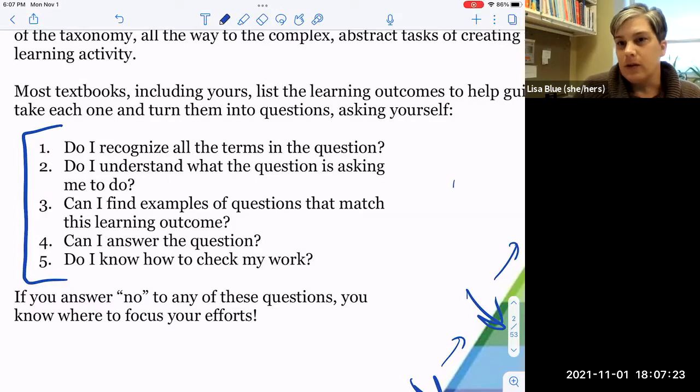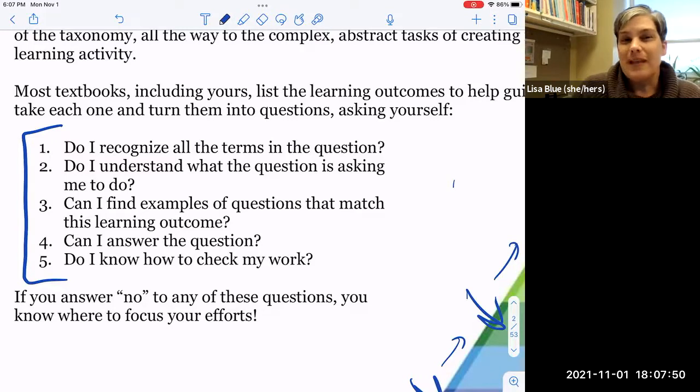So look at that student learning outcome and ask yourself, first of all, do I recognize all the terms in this question? If it sounds like they're speaking Greek to you, then you need to go back and make a list of definitions. Especially for me, going back and brushing up on this material so that I could work with math students, I was like, oh gosh, asymptotic means, yeah, there are cobwebs back there. I think I can blow them away and we can get through this.